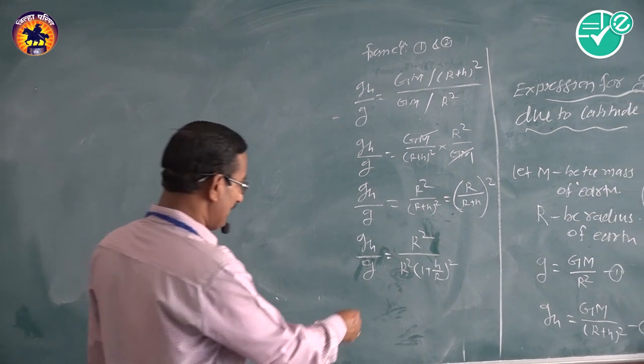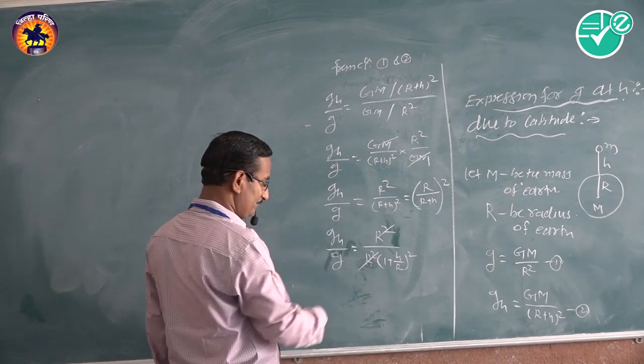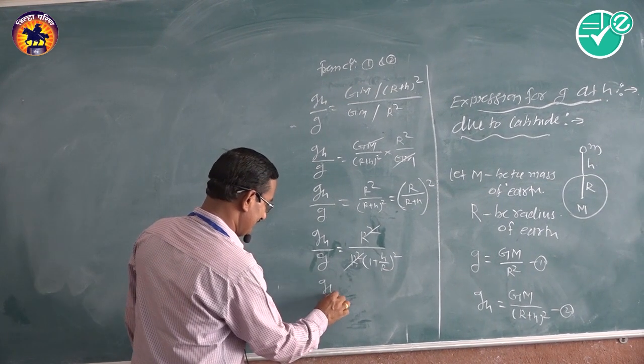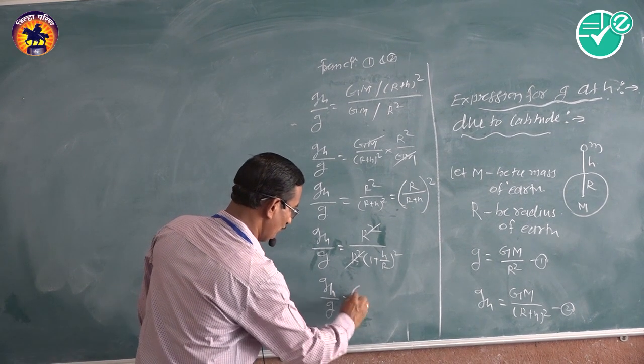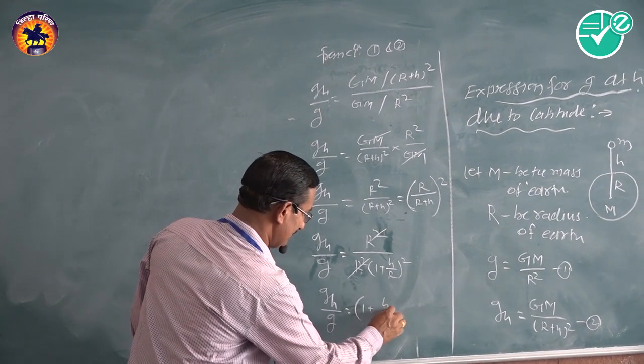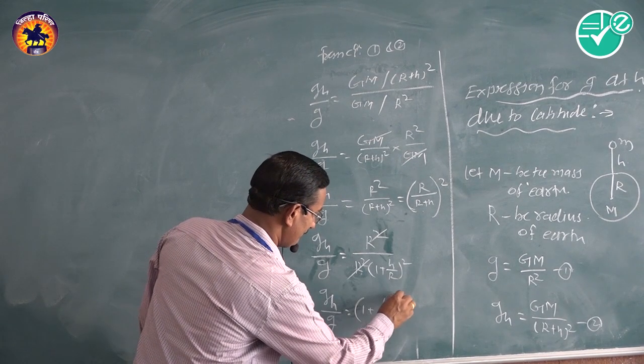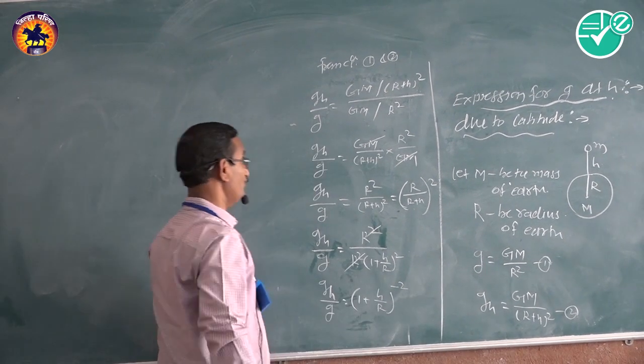Here R square gets cancelled and g h by g is equal to (1 plus h by R) raised to minus 2.